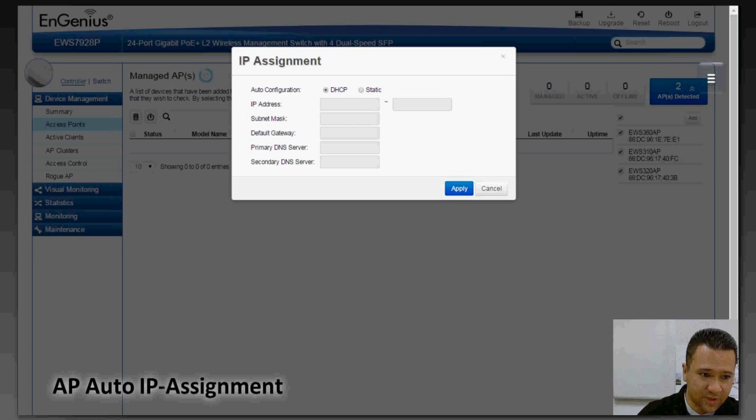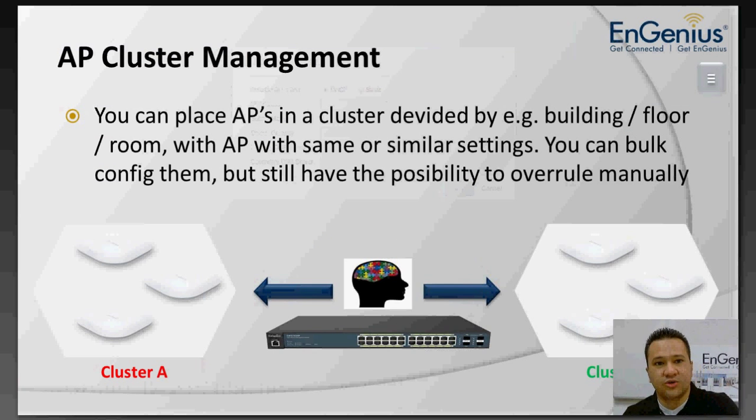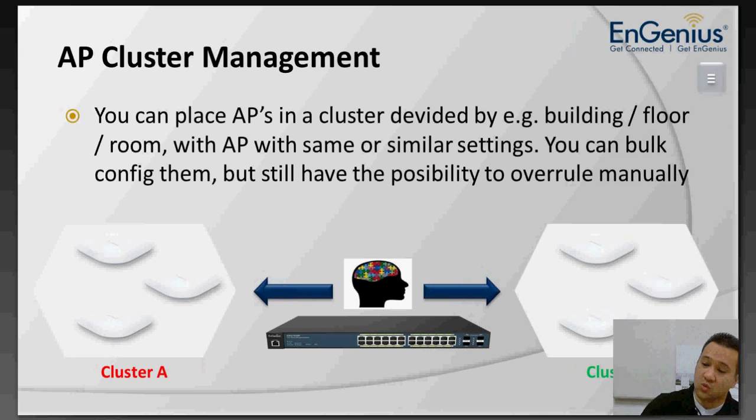So, next function, AP cluster management. Just in short, a cluster is a group of access points, and the function of a cluster is that you want to combine access points together and configure them at the same time.